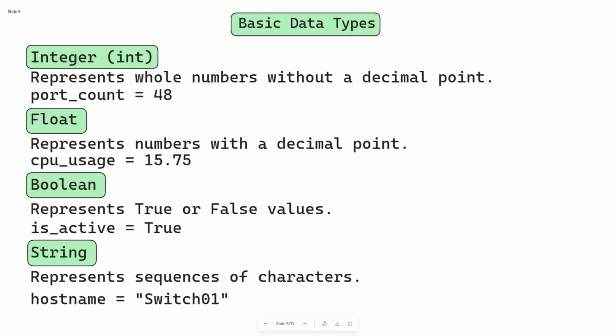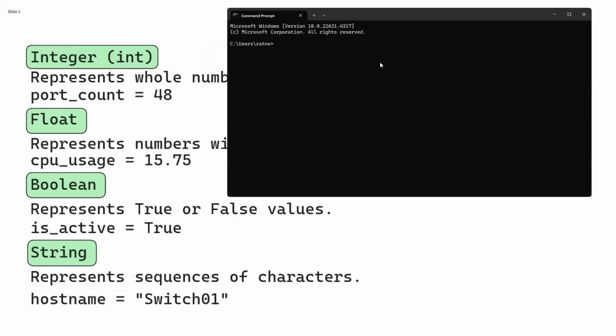Okay, so let's see. Let me open my command prompt. So here you can see I have my command prompt. Since I have installed Python here, I can go and type python. We are in the interactive mode of Python where I can execute anything. So I can, for example, write port count equals to 48.